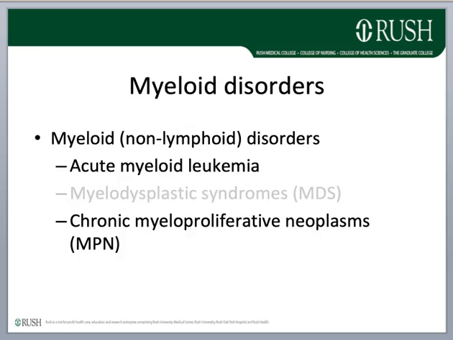Okay, let's return to myeloid disorders. So we can group myeloid disorders into AML, chronic myeloproliferative neoplasms, or MPNs, and then there's a third category called myelodysplastic syndromes. And I'm not going to talk about much of this in detail.